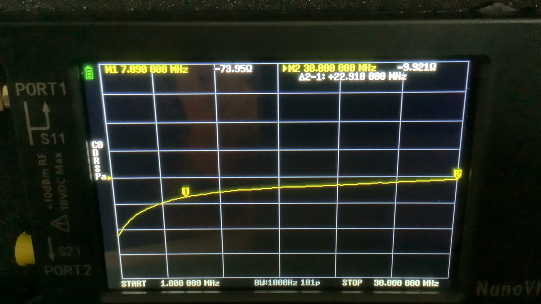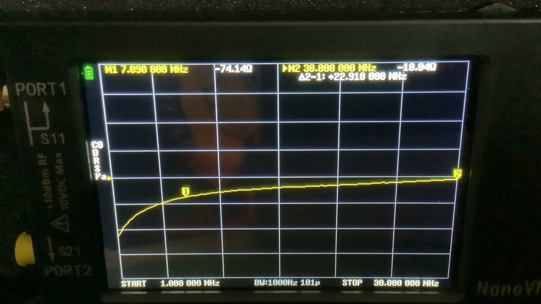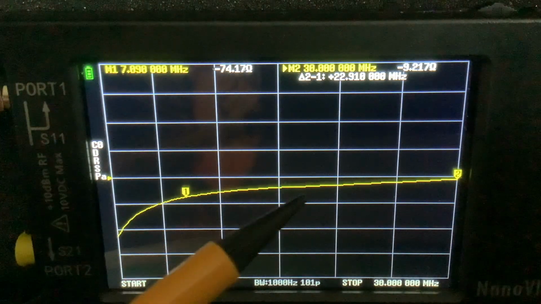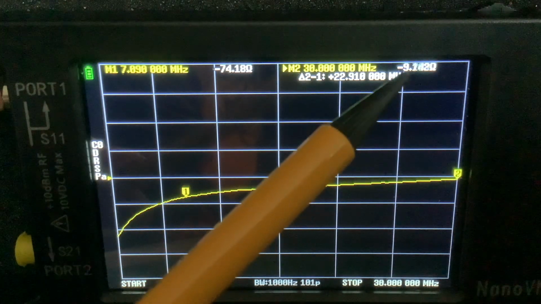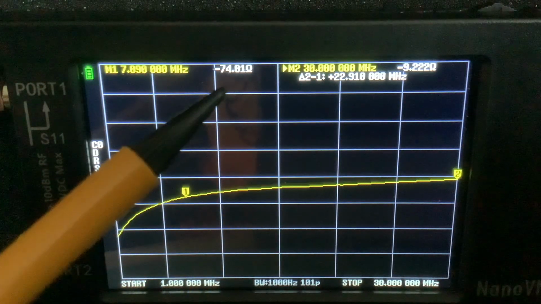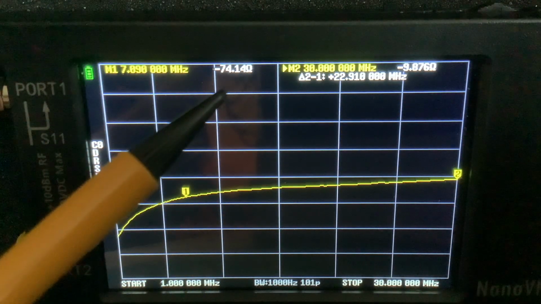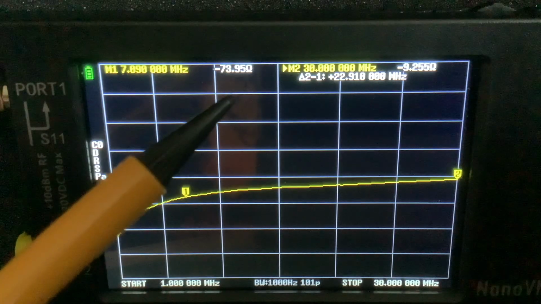The real issue is when I show you the reactance. So this is now just the imaginary, the reactive part of the input impedance, and you'll see at the top end at 30 megahertz we've got a slight capacitive reactance there, -9, but look at this, down at 7.090 we've got -74 ohms of reactance.